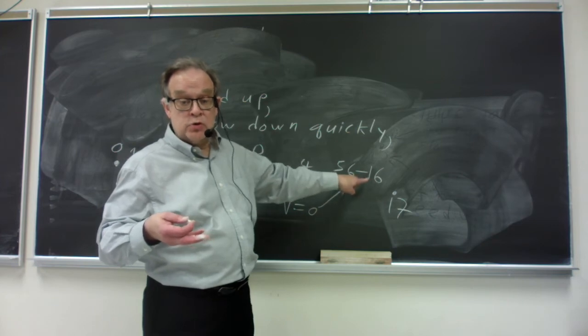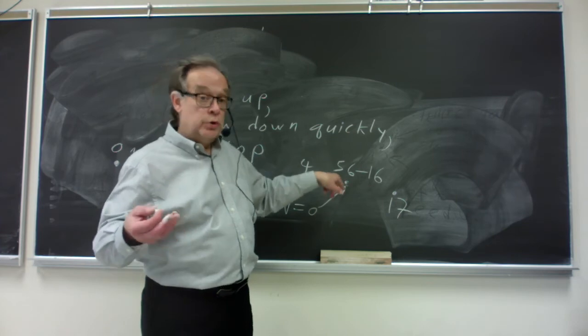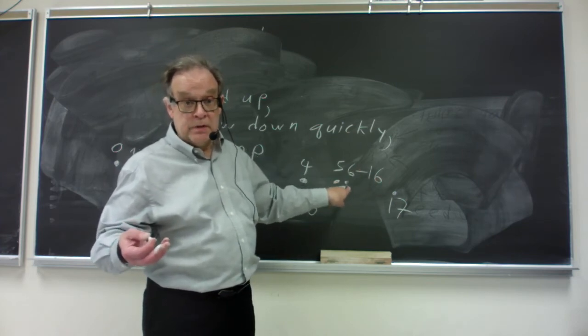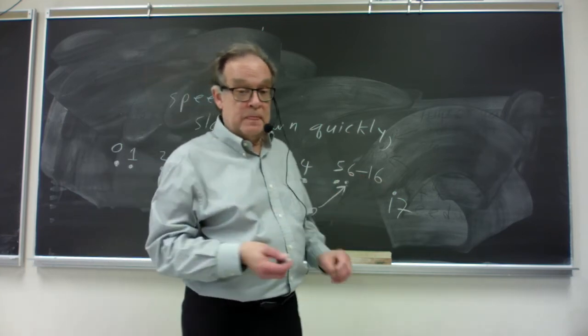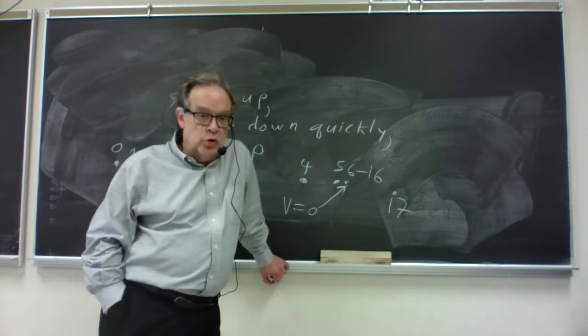So you label the same dot, the same location, with a whole range of different numbers. Okay, that's how motion diagrams work.